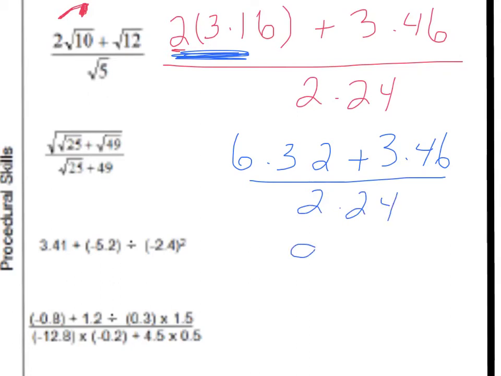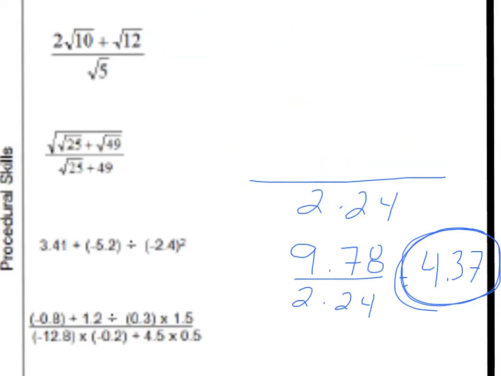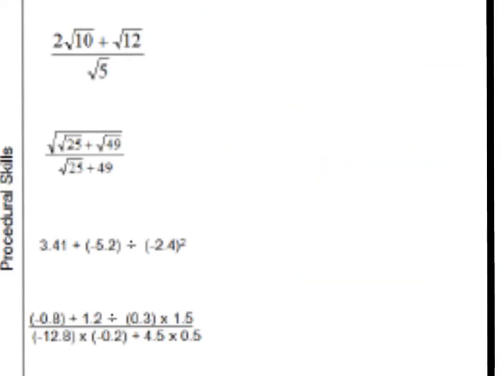So the top I get 9.78 when I add those two numbers, divided by 2.24. So 9.78 divided by 2.24 gives me 4.37 as an answer. Okay, so I'm going to clear this one. I'll clear the bottom here, and we'll move on to the next question.